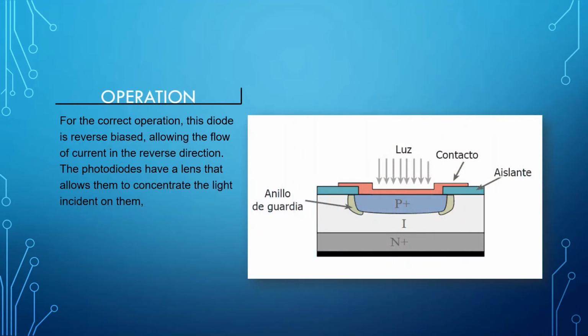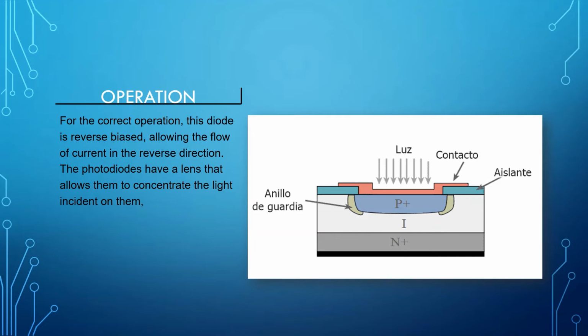Operation. For a correct operation, this diode is reverse biased, allowing the flow of current in the reverse direction. The photodiodes have a lens that allows them to concentrate the light incident on them.